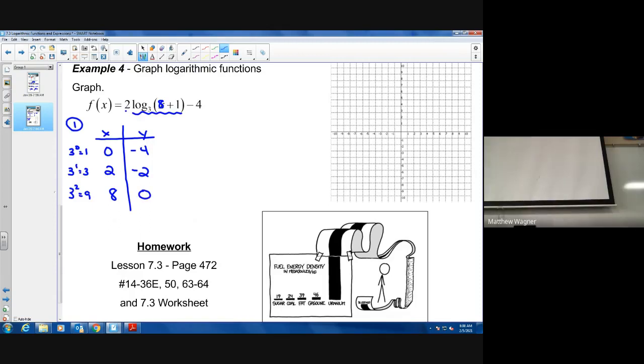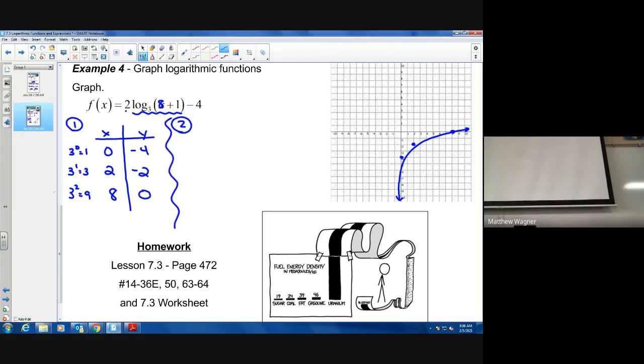So I could use those points: 0, negative 4; 2, negative 2; 8, 0. And then I can graph my problem from here. All right, so that's using our log form.